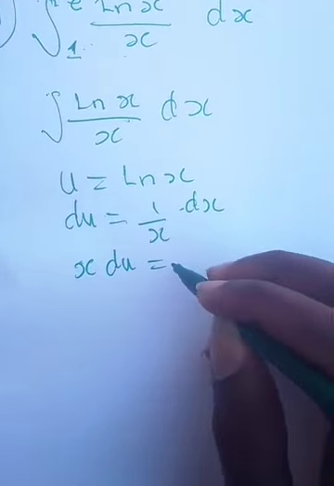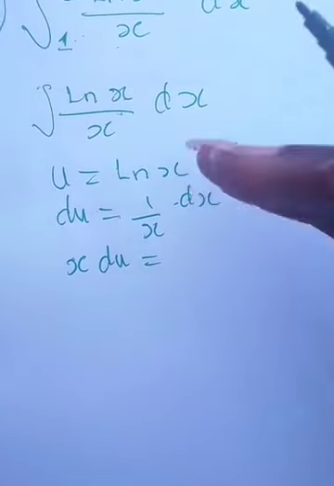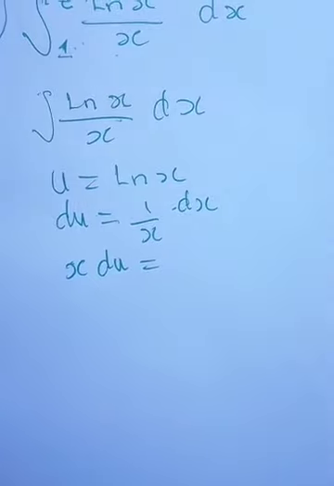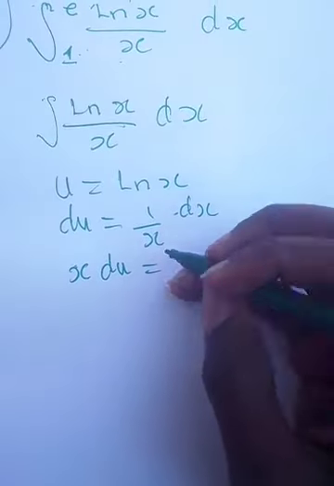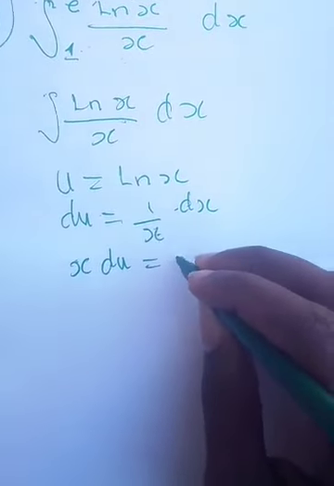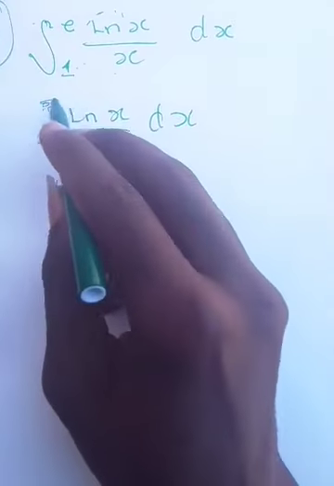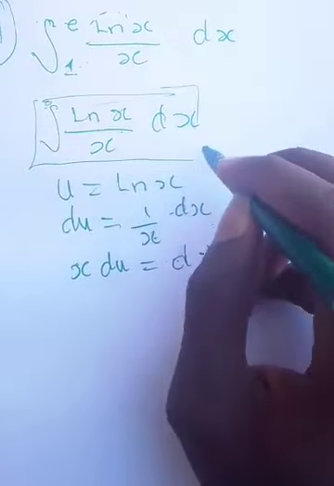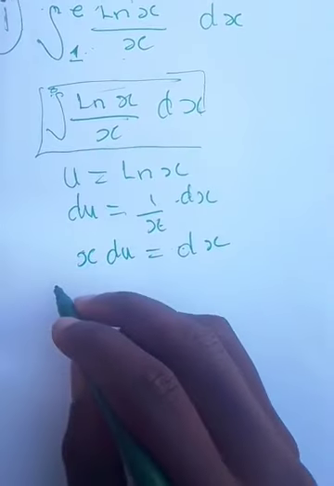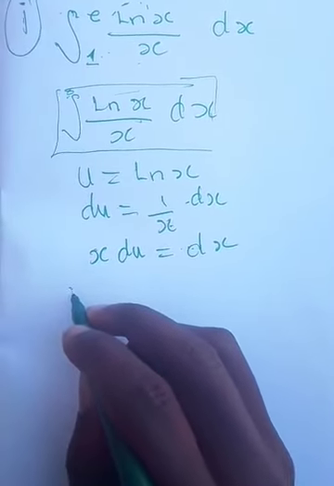I've already taught this in my videos, so right now I'm just applying what I've already taught. If you don't understand, go and watch my video where I taught integration by substitution. So I've cross multiplied, and here I have dx. Now let me rewrite this integral, this time substituting. First I write the integral symbol.